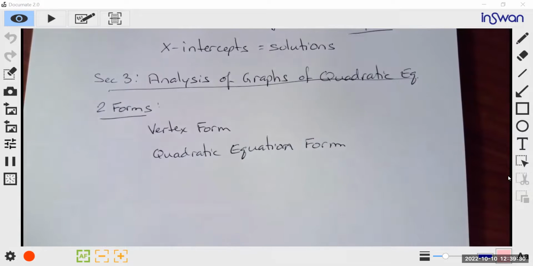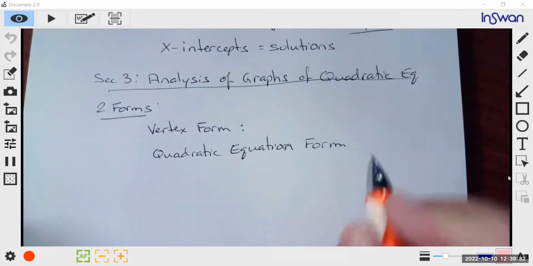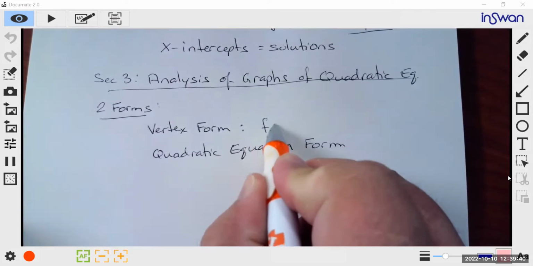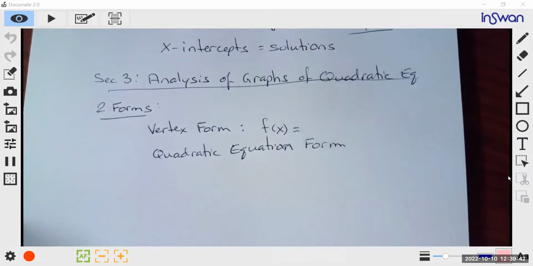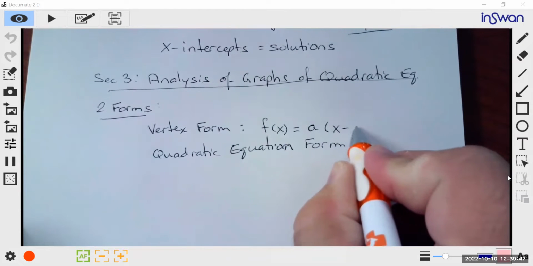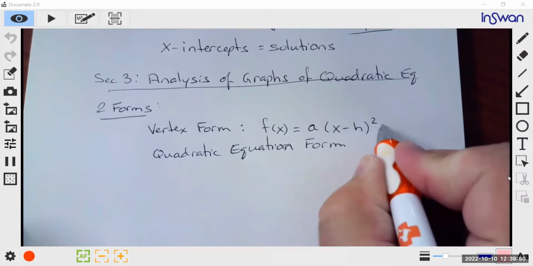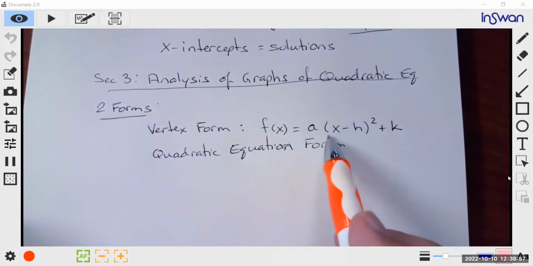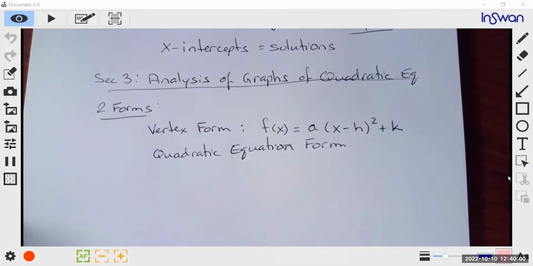What's the difference? The vertex form of the equation looks like this: f(x) = a(x - h)² + k, where a, h, and k are numbers.